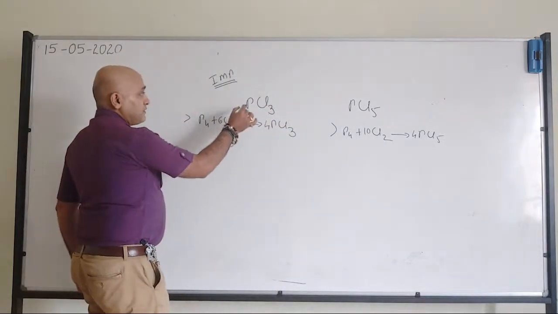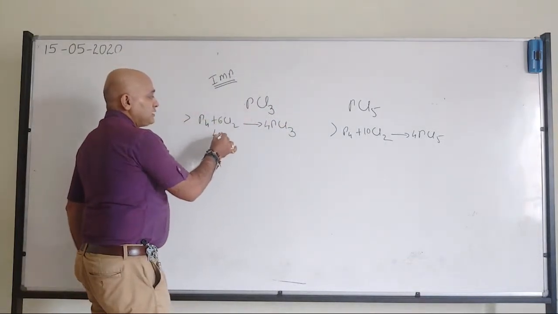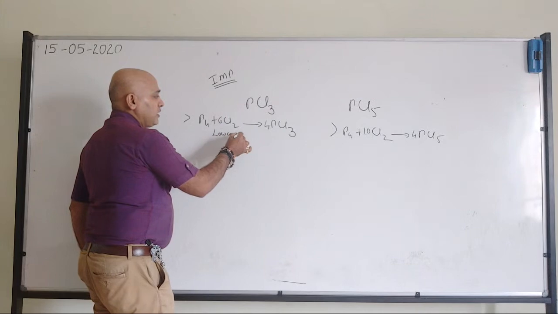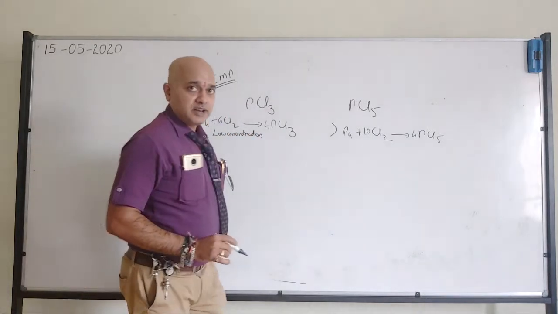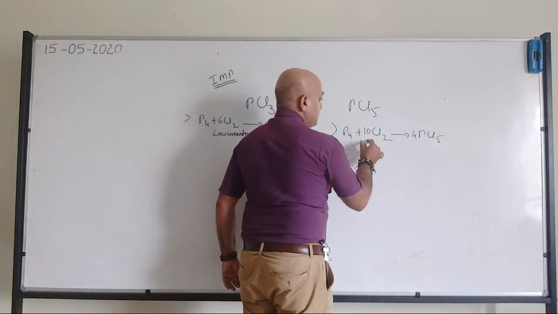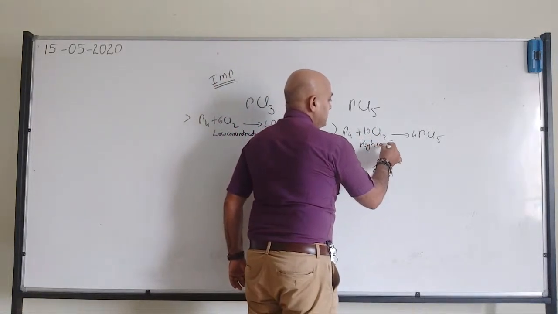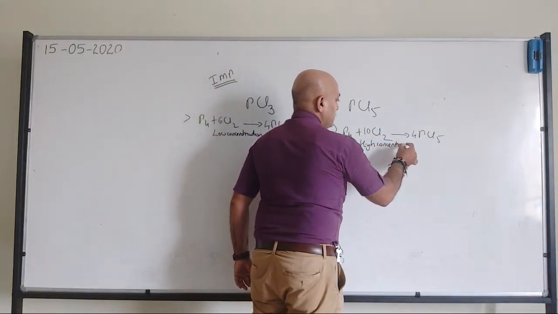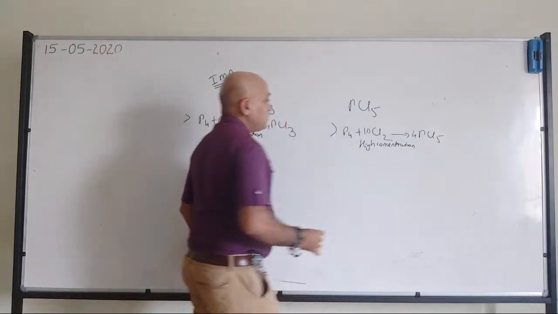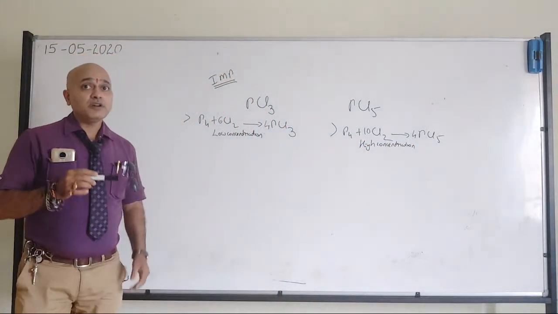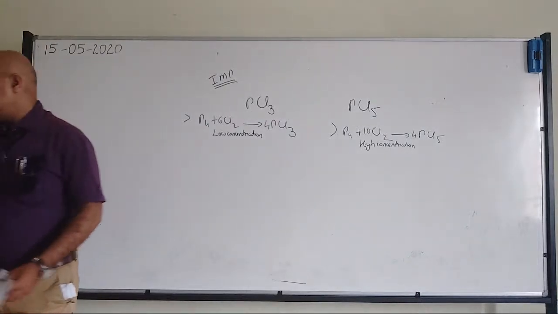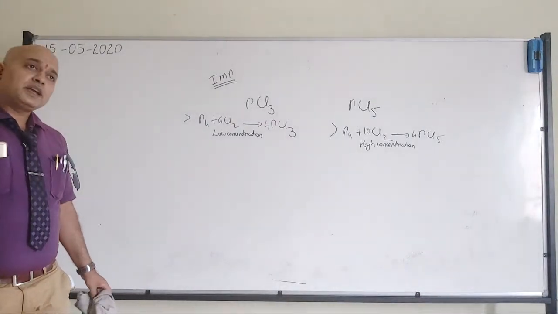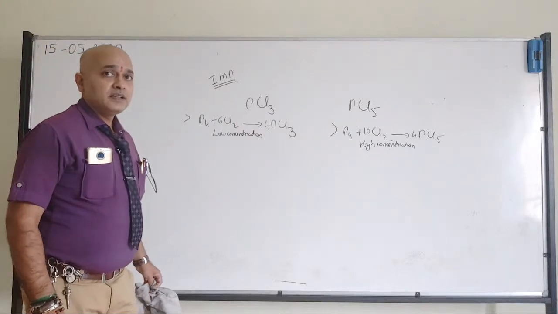That means PCl3 is formed when a low concentration of chlorine is treated with white phosphorus. PCl5 will be formed when a high concentration of chlorine is treated with white phosphorus. That's what you should be observing. Okay? All of you have understood?